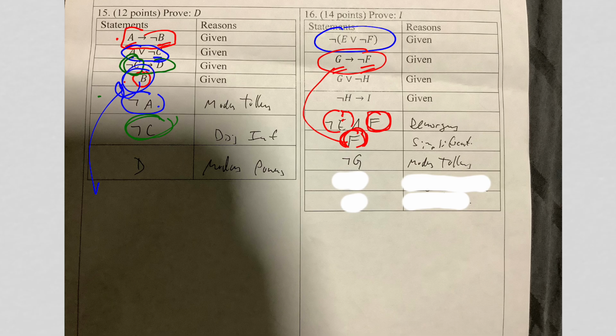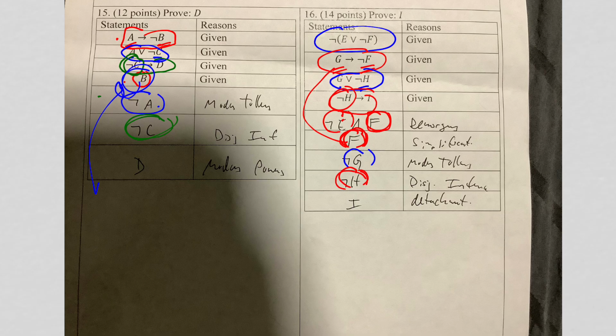Now that I have that not G, it fits nicely with this thing, because this says either G is true, which it's not, or not H is true, and that's why we have not H. And then finally, that not H goes together with this one. The thing on the left is not H, here's a not H, so we can conclude I, which was the goal, and the reason was detachment.